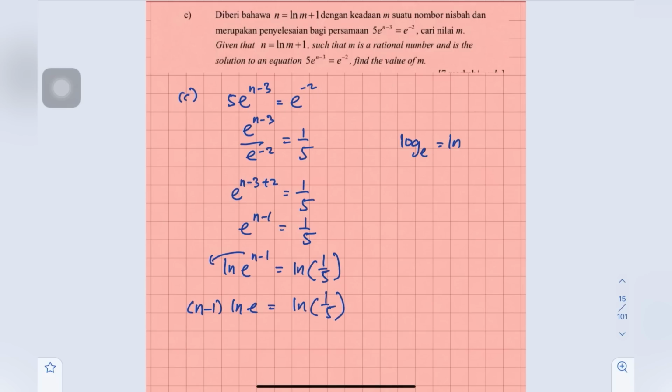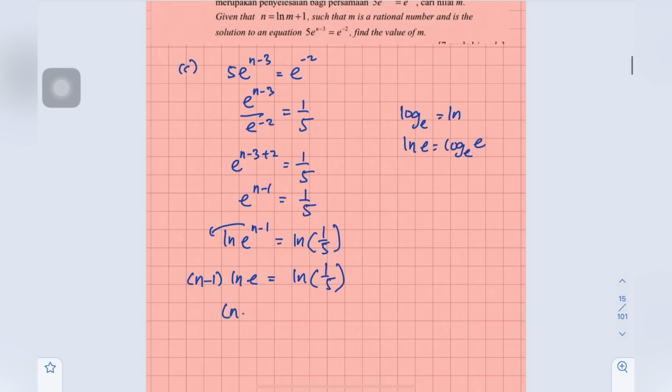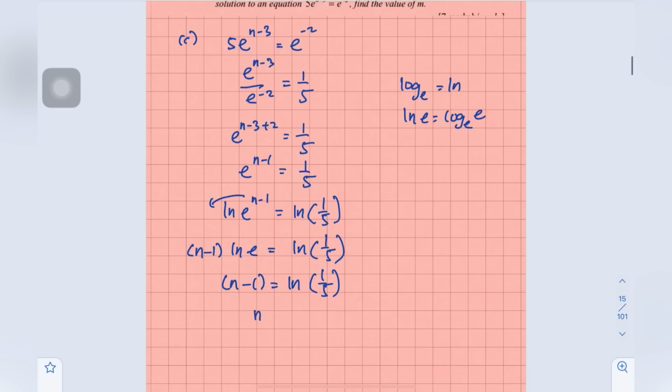Ln e is actually log base e of e, so it equals 1. So the left side is n minus 1 equals ln 1 over 5. Then n equals ln 1 over 5 plus 1.